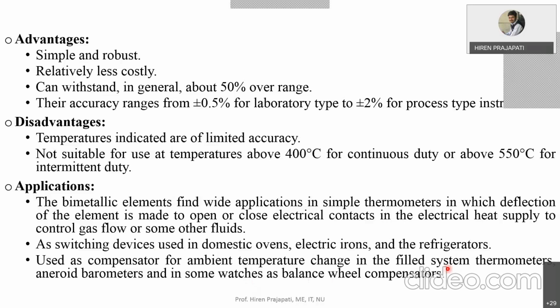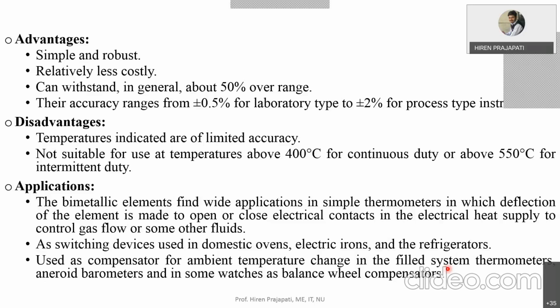If I give you a brief idea: in liquid-filled thermometers, as we have seen, there are three different calibration processes: total immersion, partial immersion, and complete immersion, right? If the thermometer is calibrated for complete immersion and you use it for total immersion, then definitely you get variation in the reading due to the ambient effect, because some portion of the thermometer is in contact with the atmosphere, and that will give some variation.